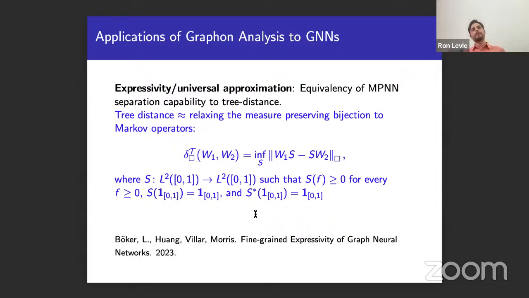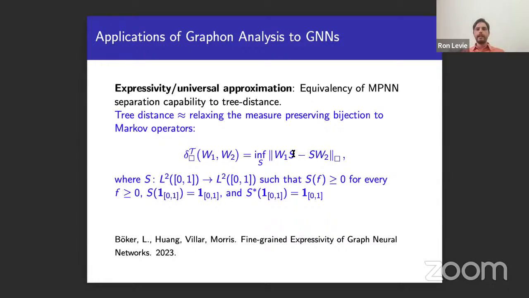And for that, we need to relax the notion of cut distance. So you remember that cut distance was defined as follows. You took the two graphons, W1, W2, and on one of them, you applied a permutation that minimized the cut norm. And this was the definition of cut distance. This permutation is a sort of alignment. You try to align the two graphons as much as possible to somehow minimize the distance.